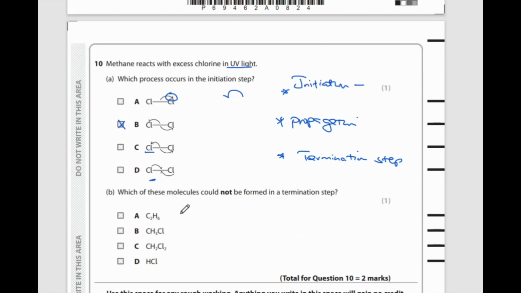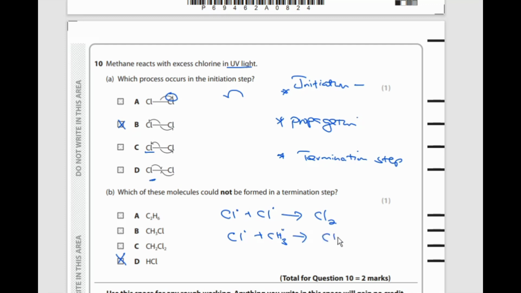So the next question is, which of these molecules could not be formed in the termination stage. So in this case, this cannot be formed. There are three reactions that we'll expect in termination stage. One is this, to form chlorine.